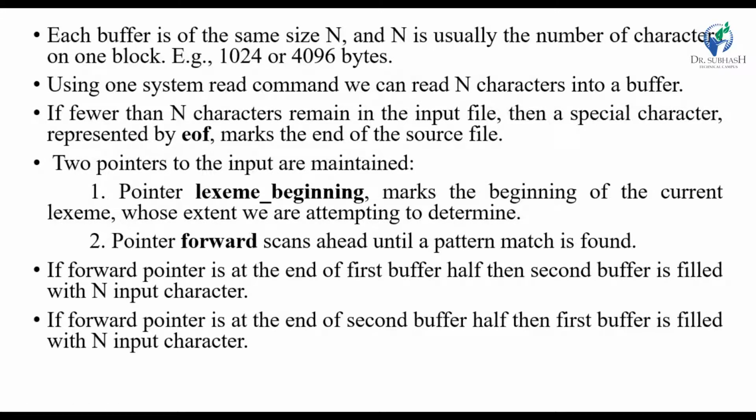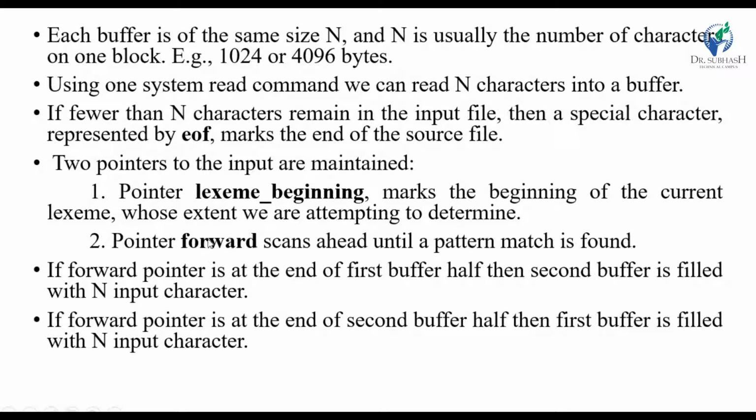Two pointers to the input are maintained: the lexeme begin pointer and the forward pointer. Lexeme beginning marks the beginning of the current lexeme whose extent we are attempting to determine. The forward pointer scans ahead until a pattern match is found.